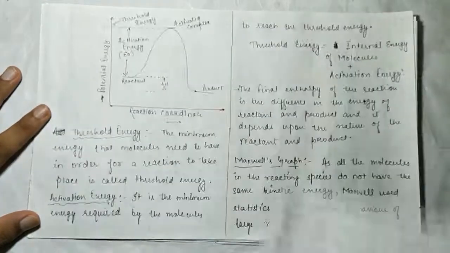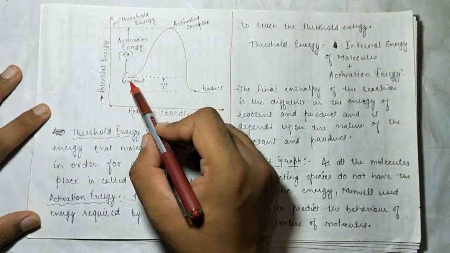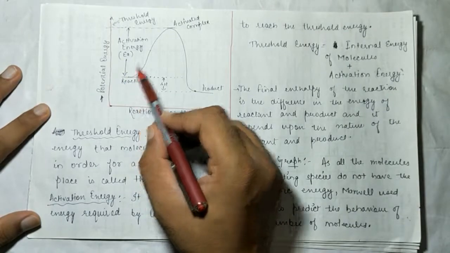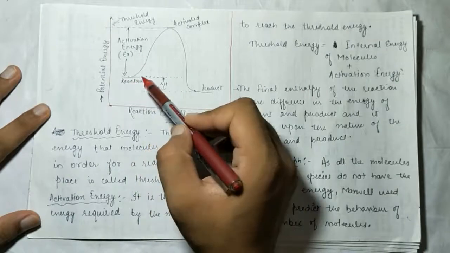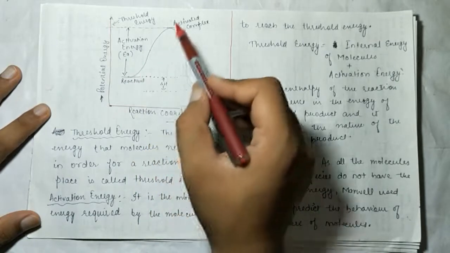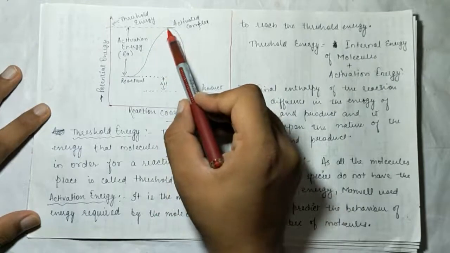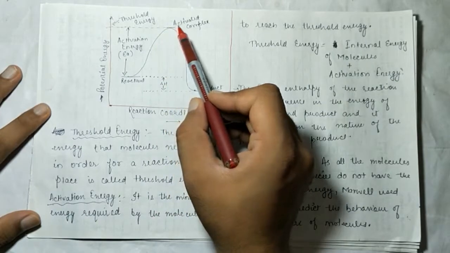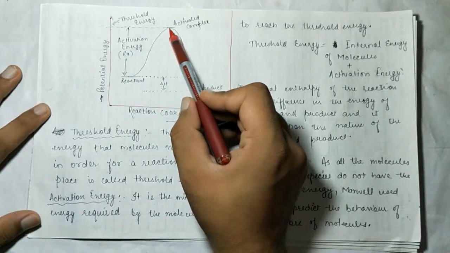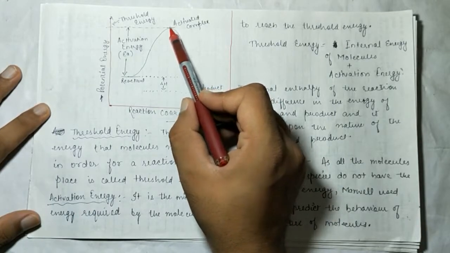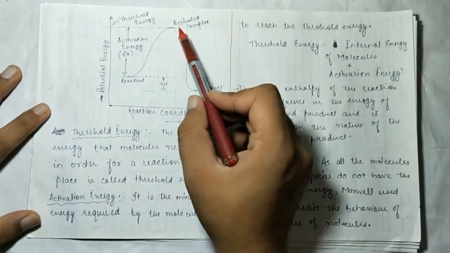This can be understood by a graph. Okay, and the graph is like this: this is the reactant, and we are taking H2 and I2. Whenever energy is given to them, their energy increases, and the unstable complex is formed at this peak, that is the intermediate. And after the formation of that, as it is unstable, it reaches the product.